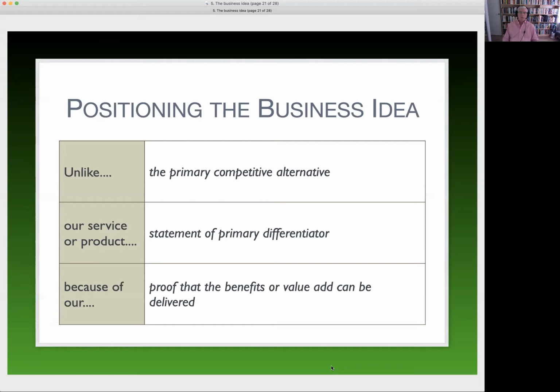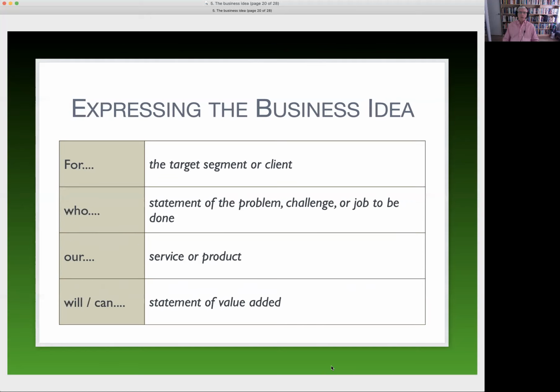Whatever it might be, this is a way of positioning the idea. But as I mentioned before, the main thing we're interested in is how we capture that business idea, the value you add, the problem you solve, or the job to be done.